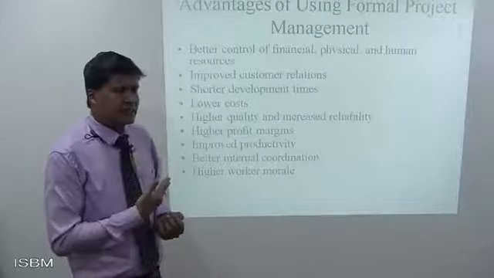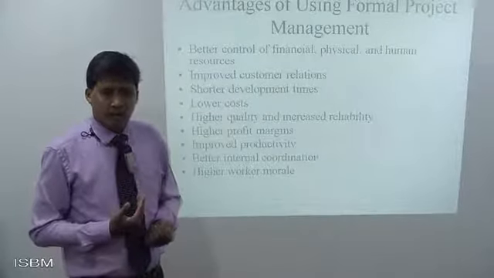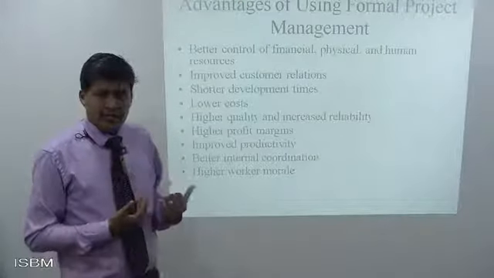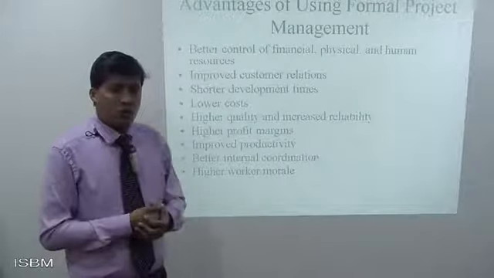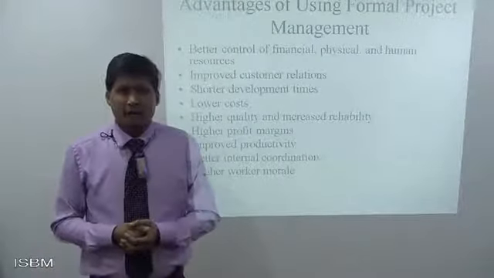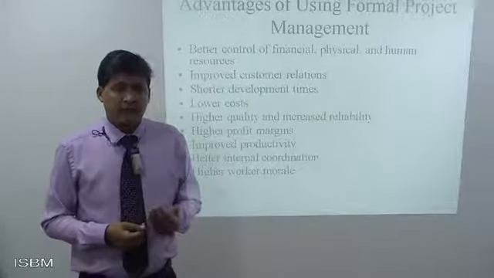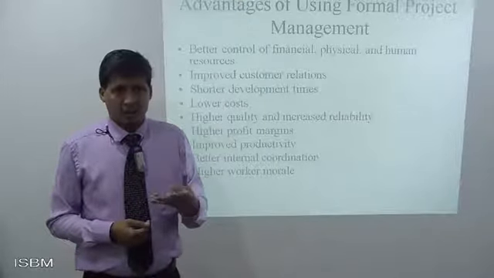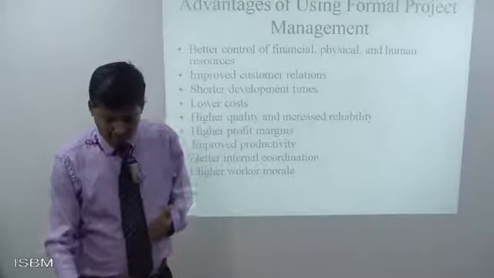Higher quality and increased reliability, again quality. Higher profit margins again mean lesser cost. Improved productivity, efficiency. Better internal coordination is convenience, and higher work morale again is convenience. So the objective of project management is primarily to impact 4 elements: cost, quality, convenience, and time.